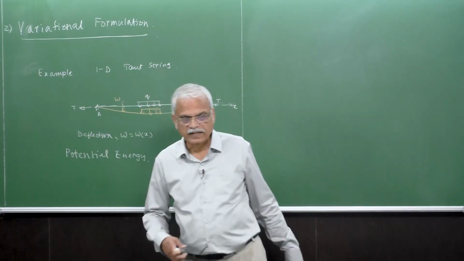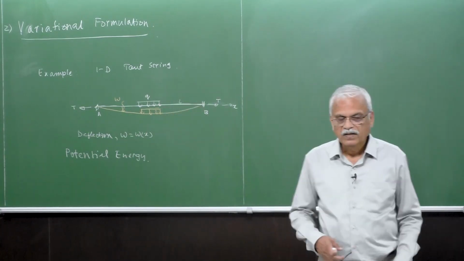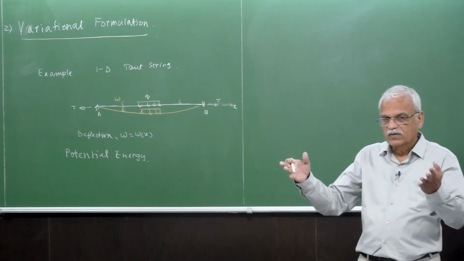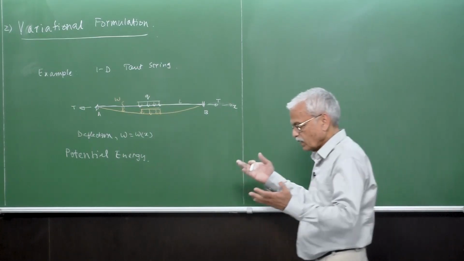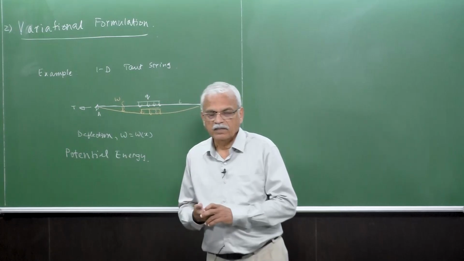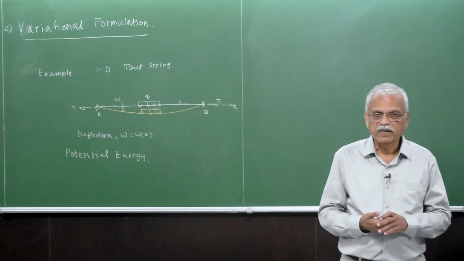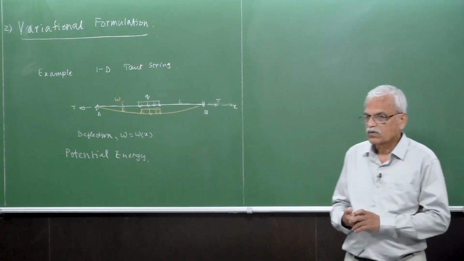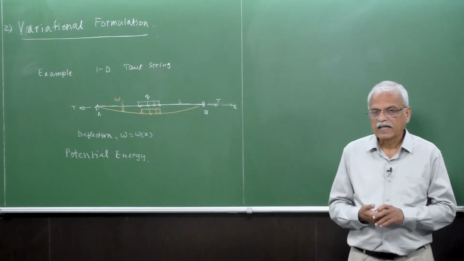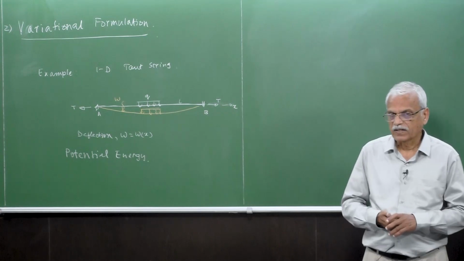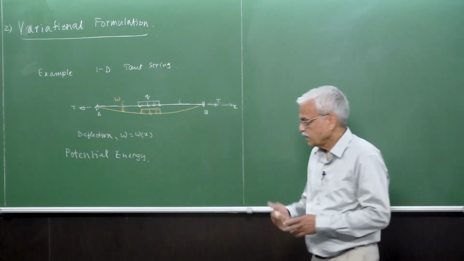Of course, there are certain conditions which I defined here. A system which is loaded by certain forces, maybe under gravity or maybe under different kinds of loads, will try to attain a minimum potential energy configuration. So we will just see it.